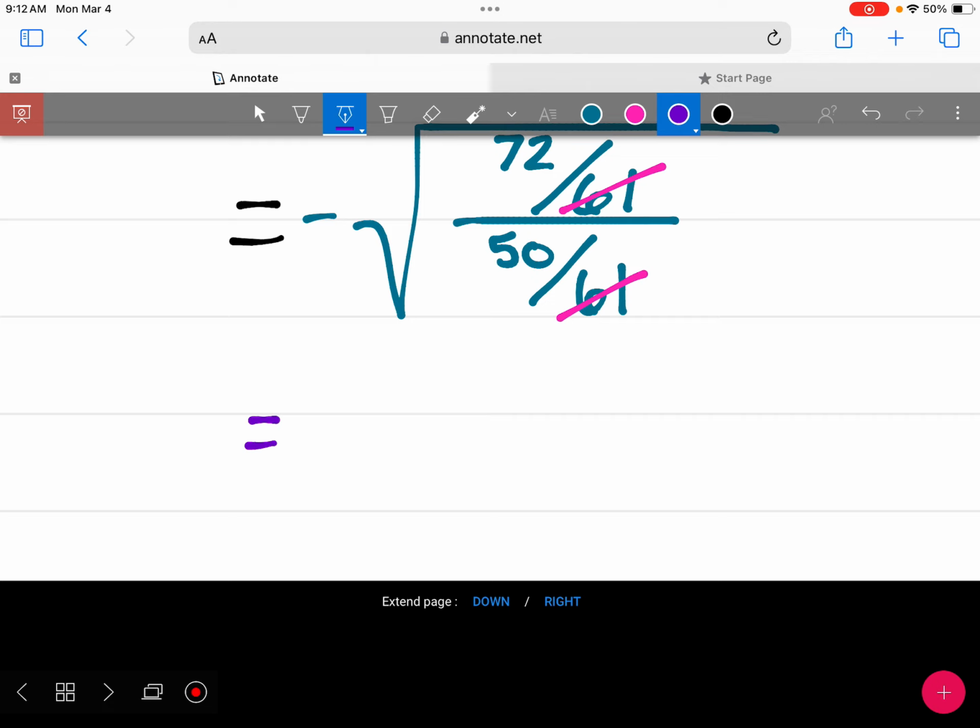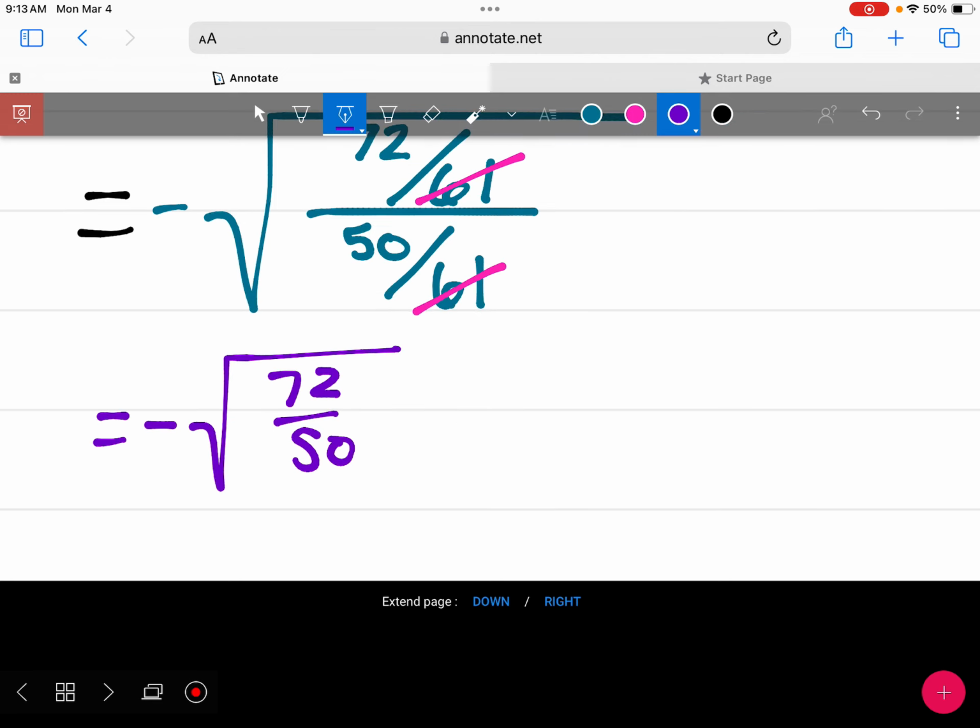All right. So now we have the negative square root of 72 over 50. Can we simplify this? What do 72 and 50 have in common? What can we simplify this down to? 36 over 25.